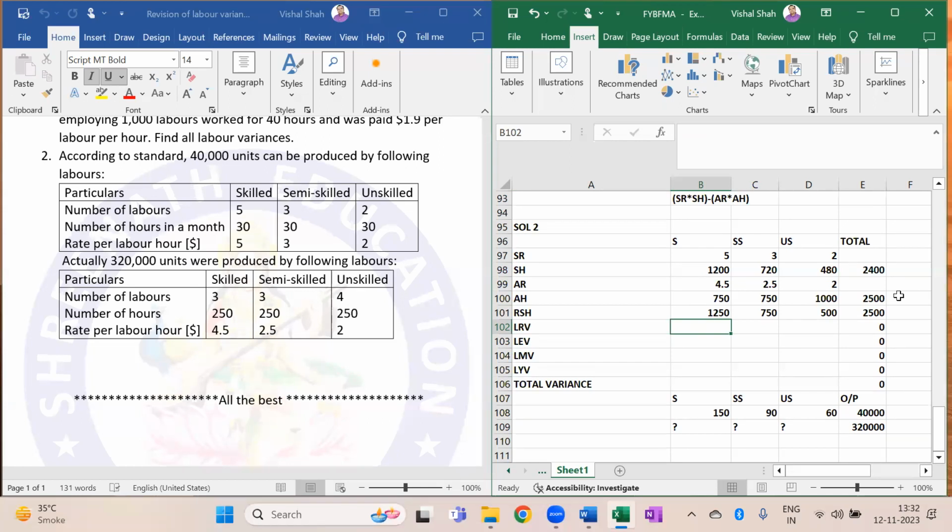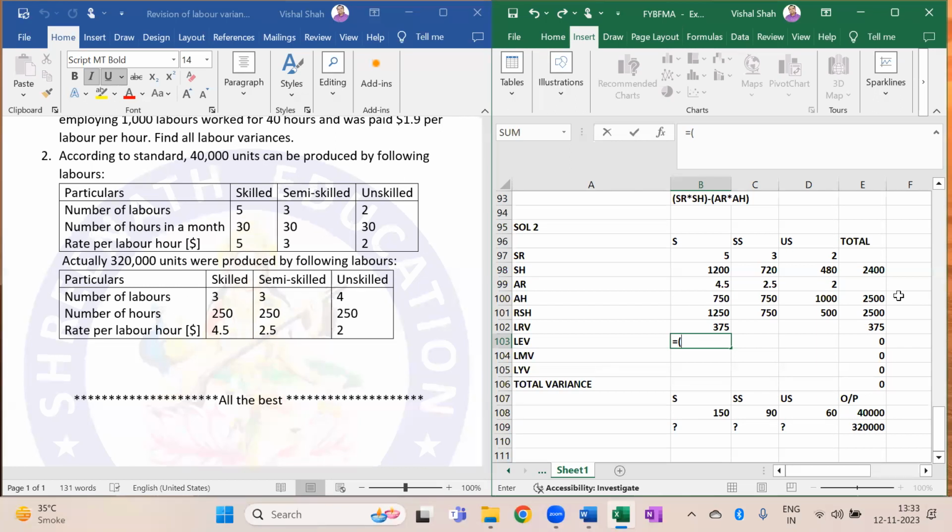Now it's just formula application. LRV is SR minus AR into AH. I'm doing it for one type, and later I'll do it for the other types. It will be copy paste.